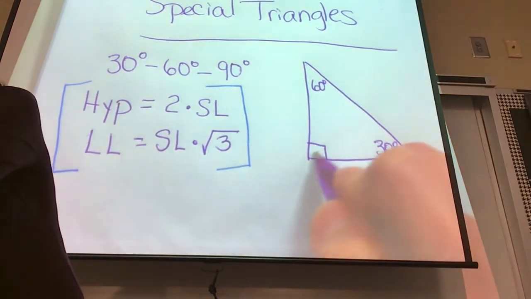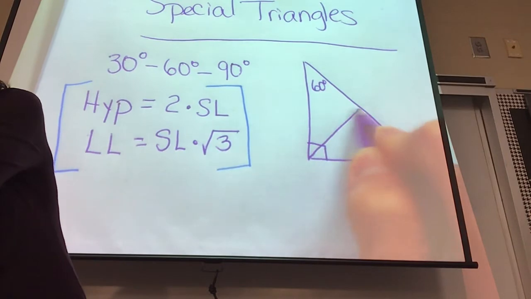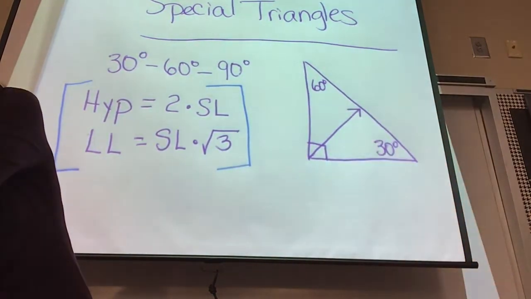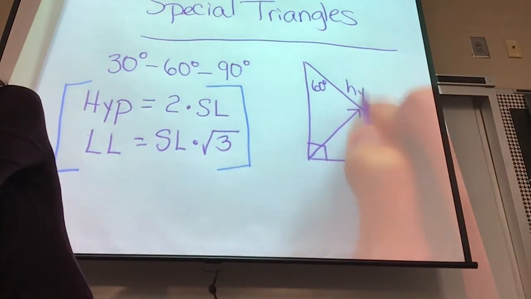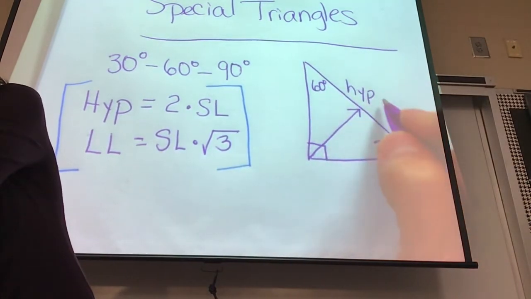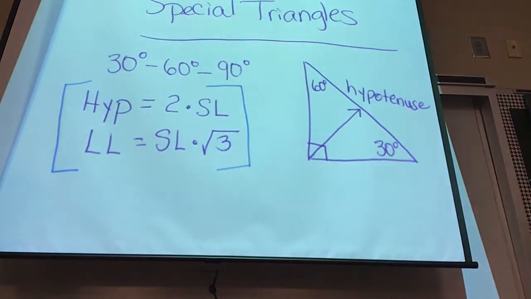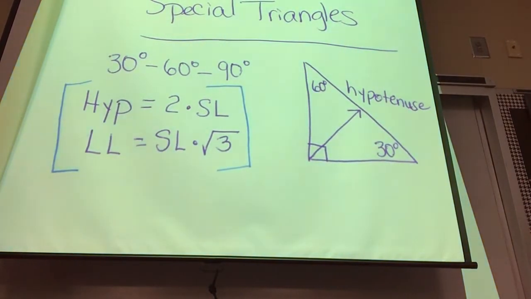So we know across from our box, just like we did with Pythagorean theorem, that that is C, or our hypotenuse. That's where this HYP came in. So that's our hypotenuse. So across from that right angle is your hypotenuse.